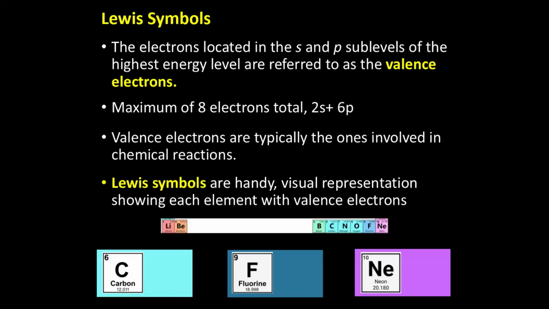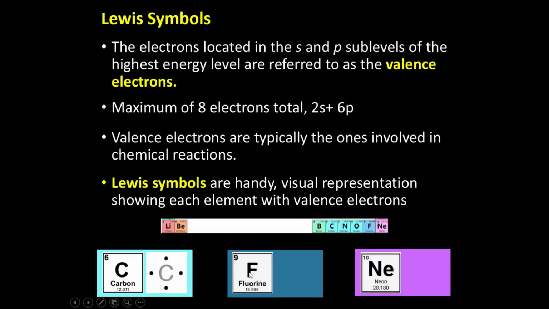So we ignore the first 2 electrons that are in carbon. We only talk about the 4 that are in the second energy level. Okay. So we have 1, 2, 3, 4. 4 electrons in the second energy level. So we draw a C and we put 1, 2, 3, 4.